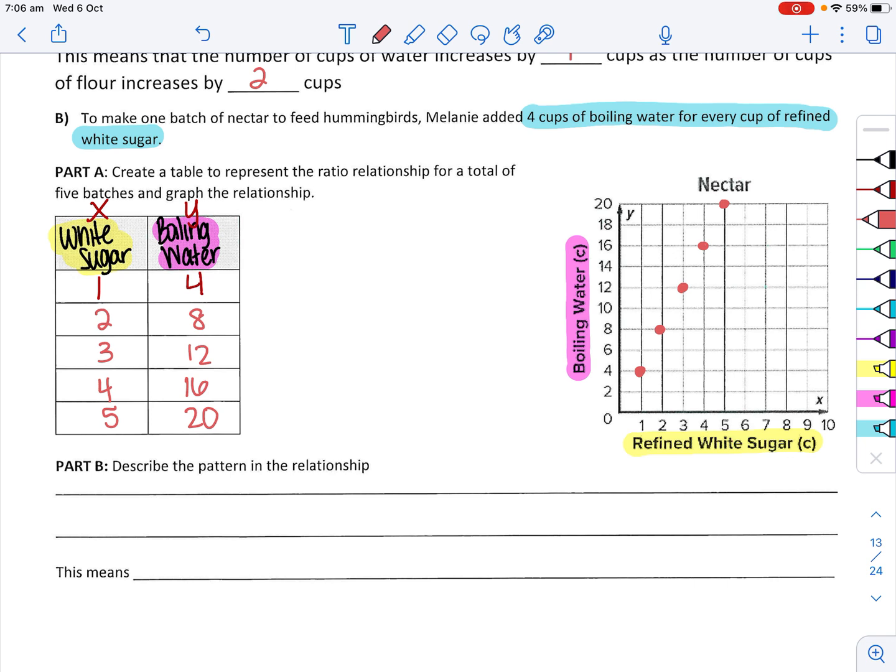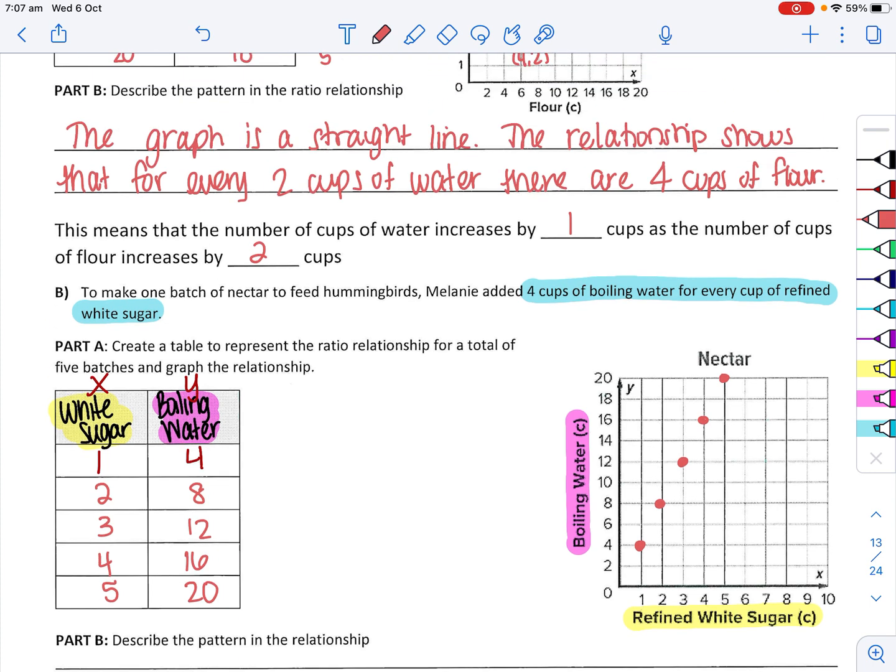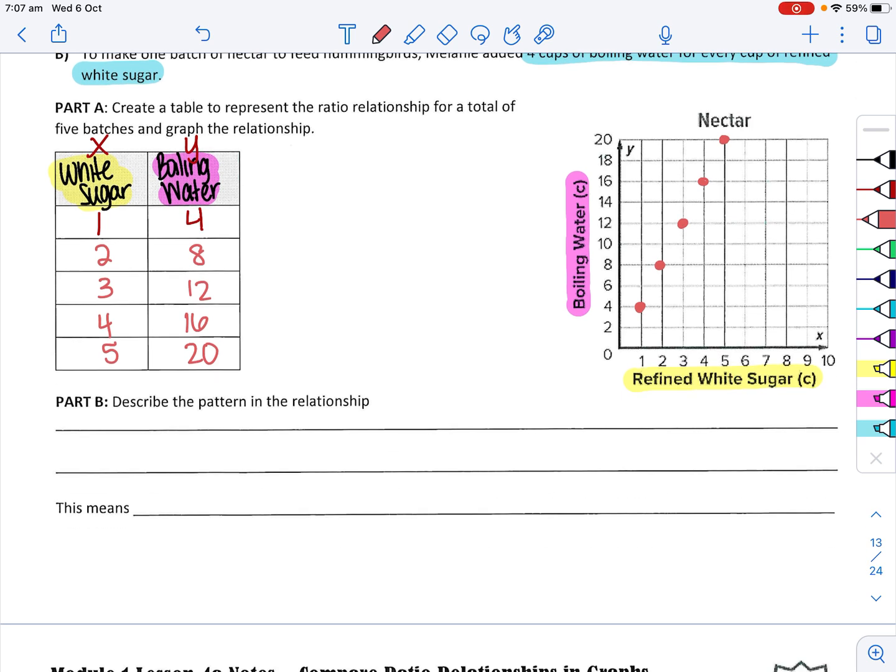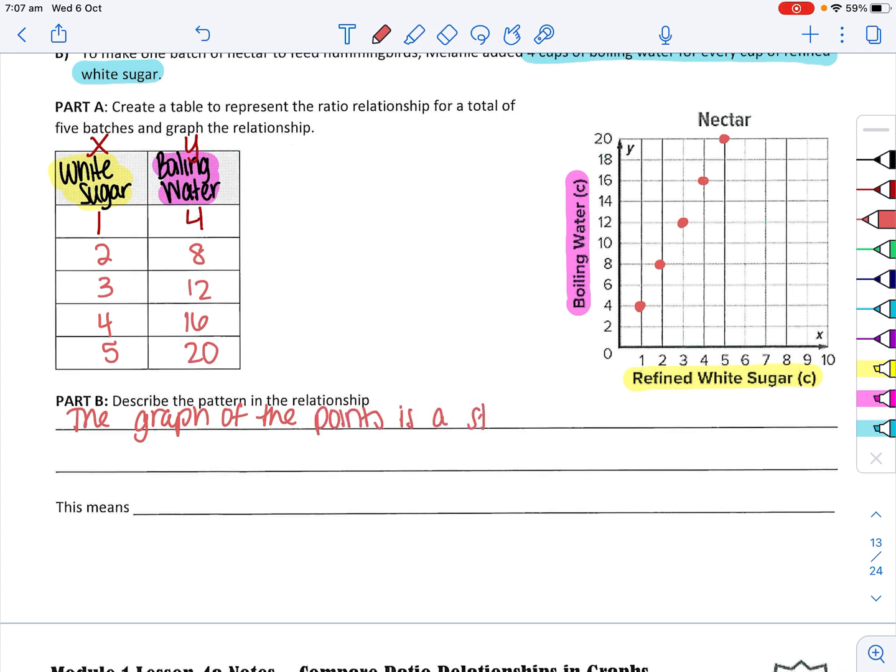So to describe the pattern in the relationship, I'm going to do something very similar to what I did on the last question right here. And I'm going to describe this graph as a straight line. So I'm going to say the graph of the points is a straight line.